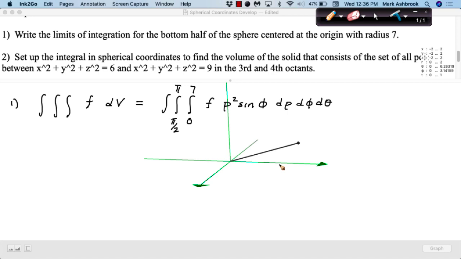Because phi tips down in the direction of theta. So if you tip down pi over 2 in every direction theta, you get what? You get the whole xy plane, right? Okay, what about d theta? 0 to 2 pi.